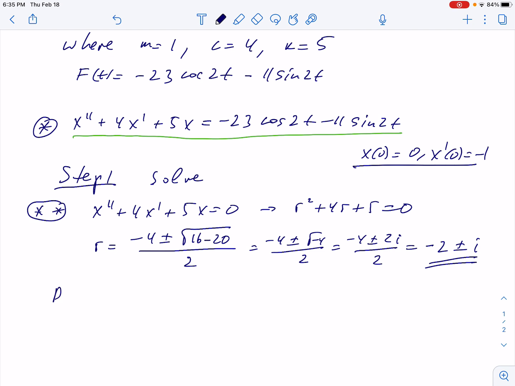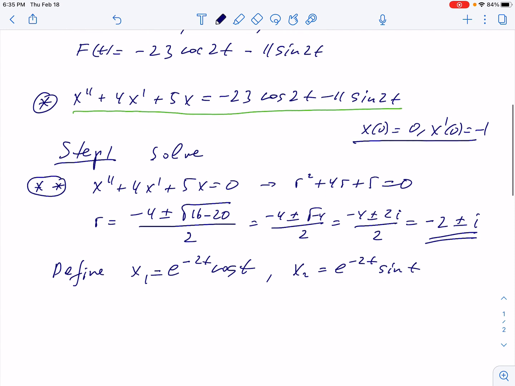So we define two real independent solutions for the homogeneous equation. x1 will be exponential minus 2t cosine t. x2 is exponential negative 2t sine t.